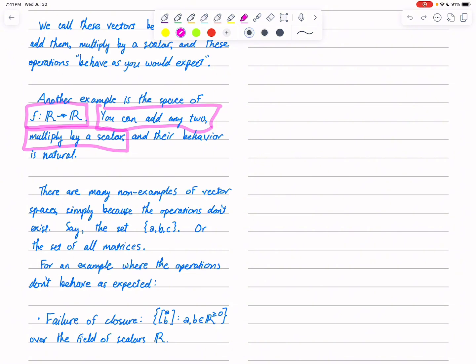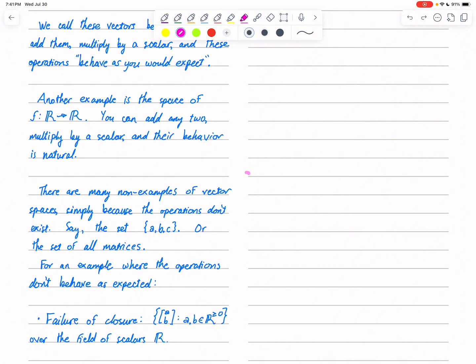We'll get into that later. But in any case, we've got the plus and the scalar multiplication. They make sense. And when we get around to saying exactly what this means, we will confirm that indeed their behavior is what we would expect. So that's another example of a vector space.